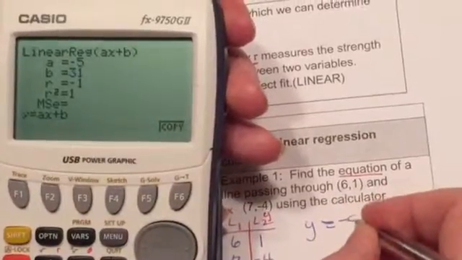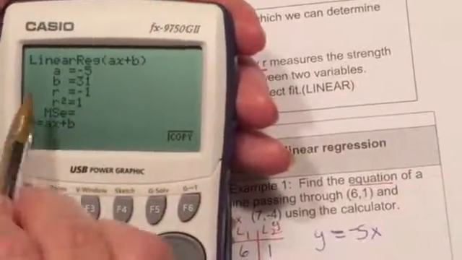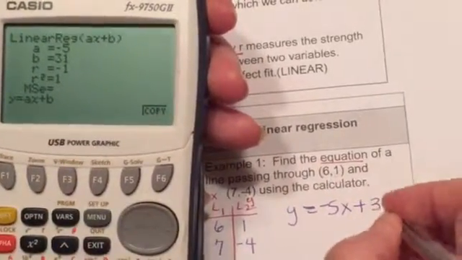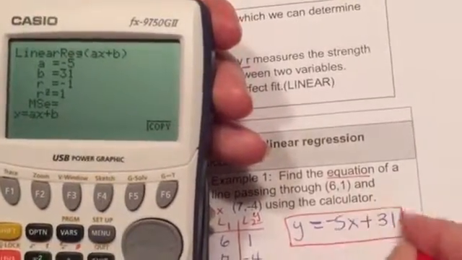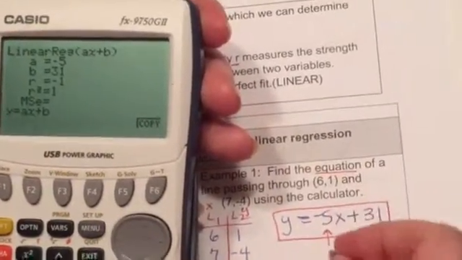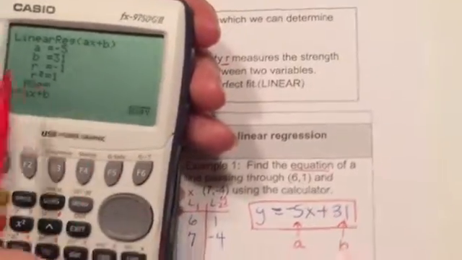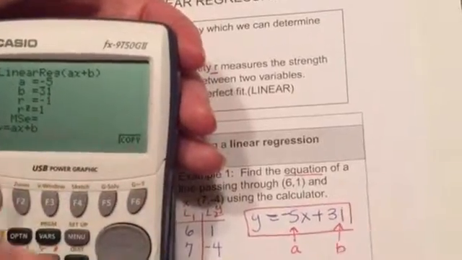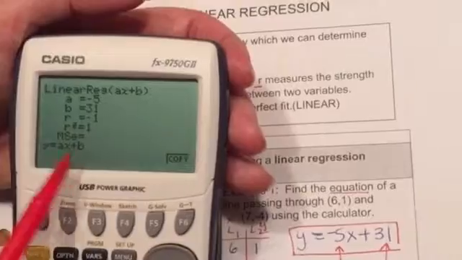So I'm going to say -5x plus B. And B, it says, is 31. And that's the equation. Right here was where I put the number they said for A, and right here was where I put the B. You don't copy what's here on the screen. This is what I call the IKEA version. It's all in parts. What you've got to do is put it together.